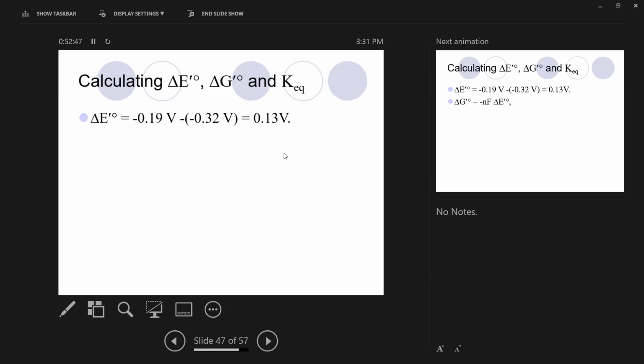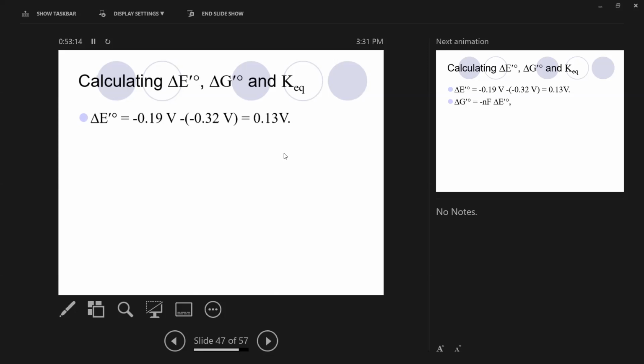Selma, I don't know how you teach that, but that's how I remember it. Yeah, throw the puns out there. And if you do this, you get a positive 0.13 volts. If it's positive, it will tend to go in the forward direction.